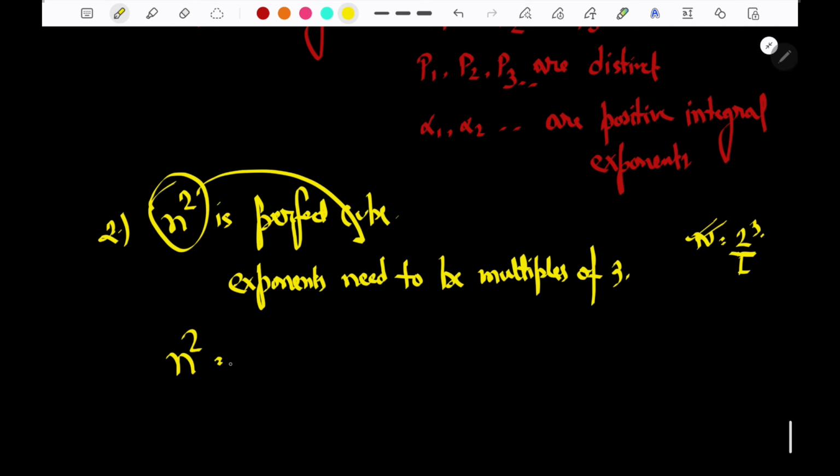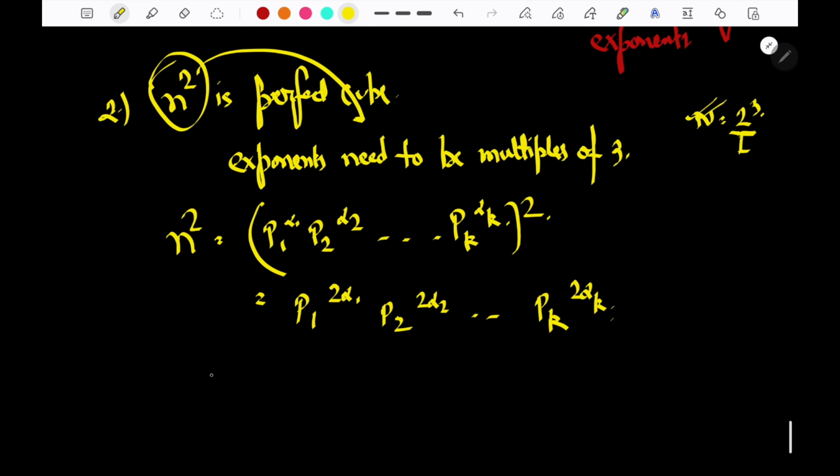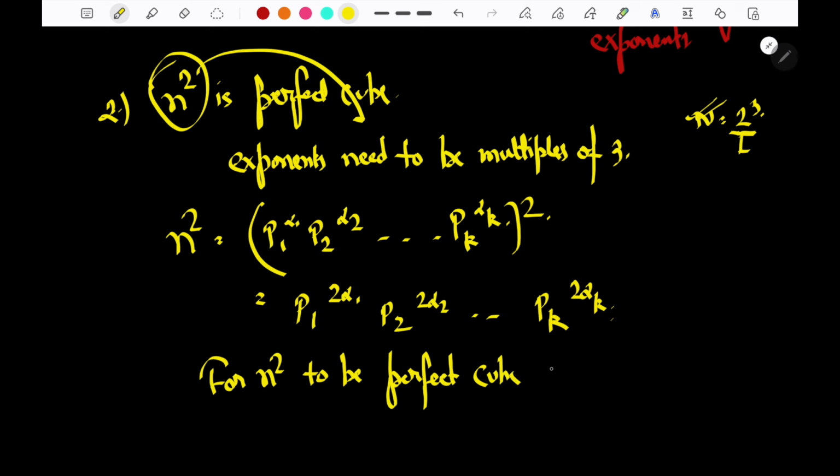So if I write n square, so we can say p1 alpha 1, p2 alpha 2 and goes on somewhere, say pk alpha k. Then if I square it, so it will become p1 to the 2 alpha 1, p2 to the 2 alpha 2 and this goes on pk to the 2 alpha k. And this must be perfect square. So sorry, this must be perfect cube. So for n square to be perfect cube, what do we need? We need 2 alpha 1, 2 alpha 2 and this goes on, must be multiple of 3. That is the only way out.